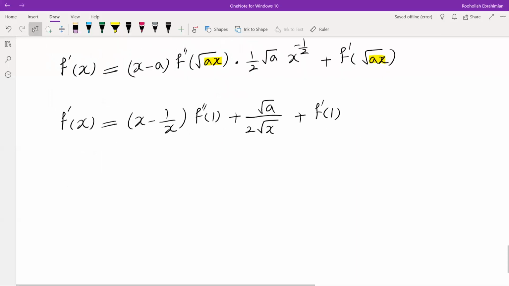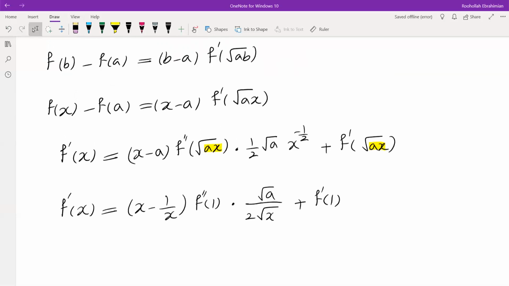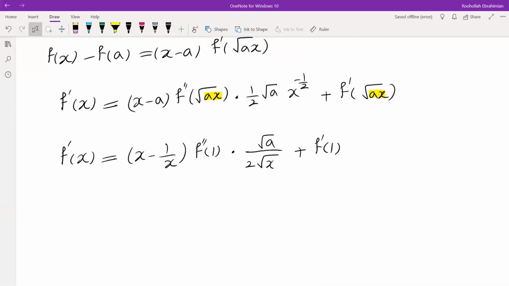Then I realized, I'm sorry, this is multiplication. So basically now I can take the integral of the right hand side and obtain what I am looking for. That shouldn't be a problem at this point.